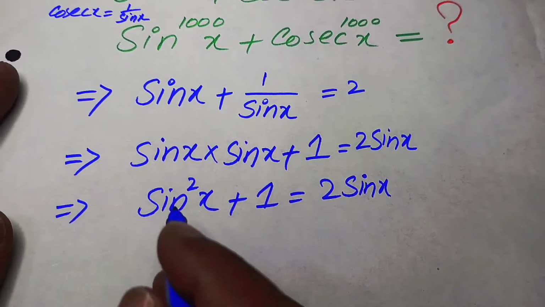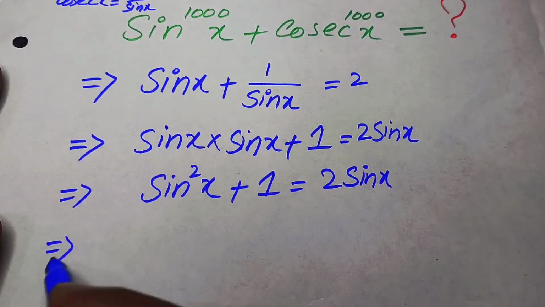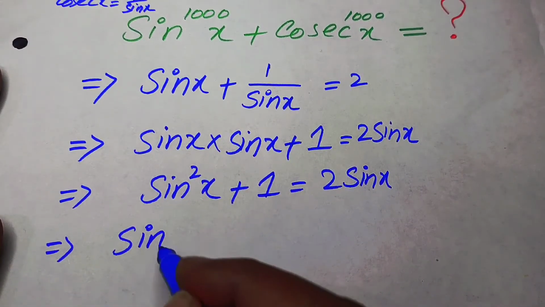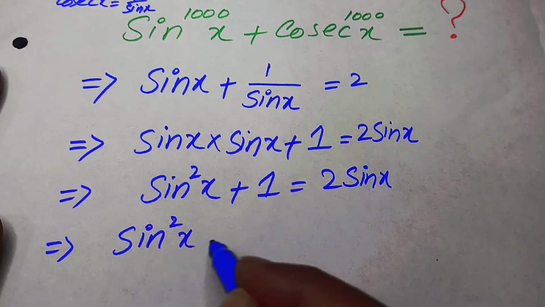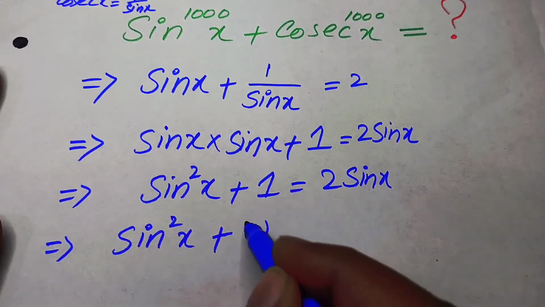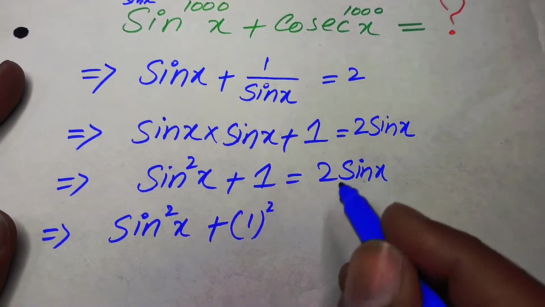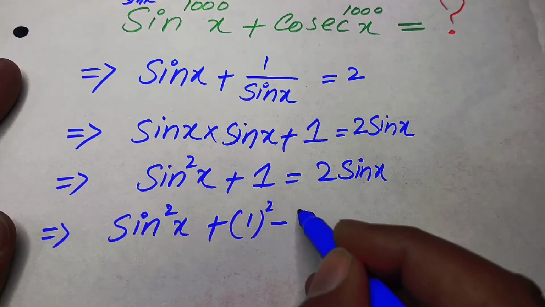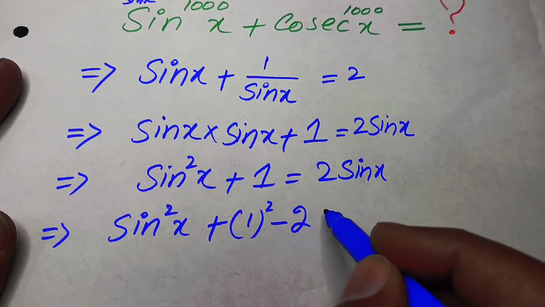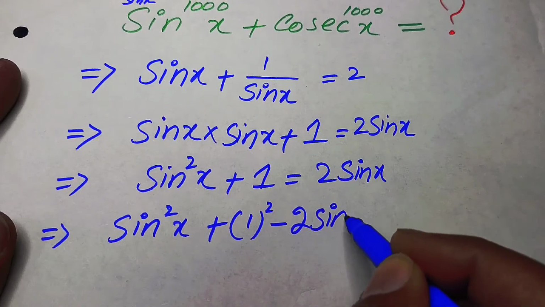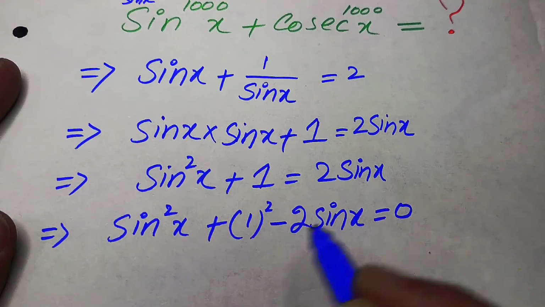Now we rearrange the terms and we will write it as sine square x plus, we write 1 as 1 square, and when we take 2 sine x from the right to the left hand side then we will write it as minus 2 sine of x is equal to 0.